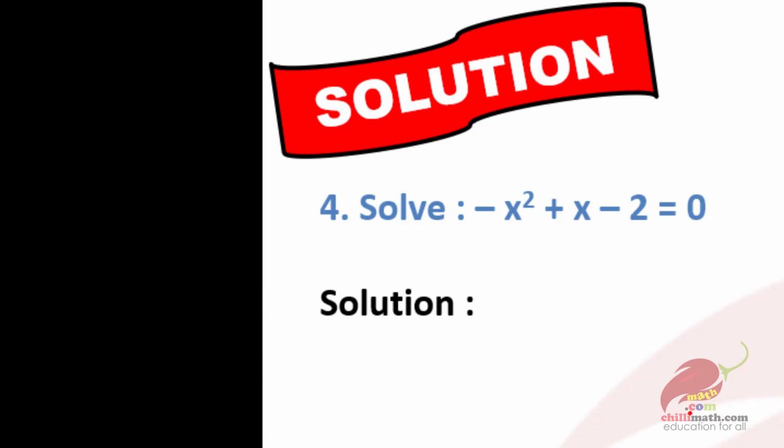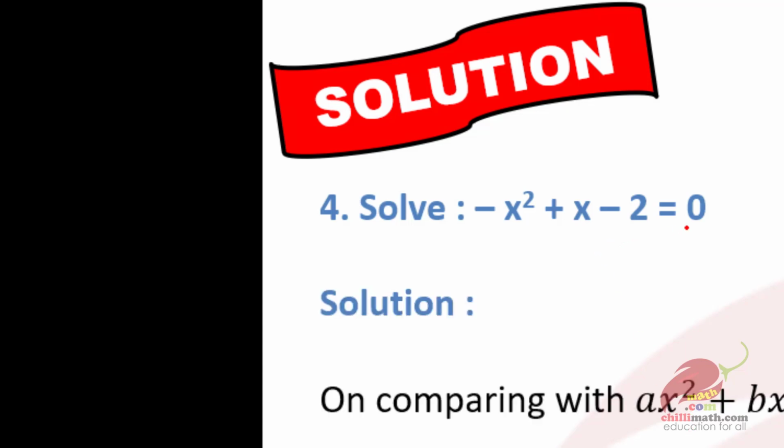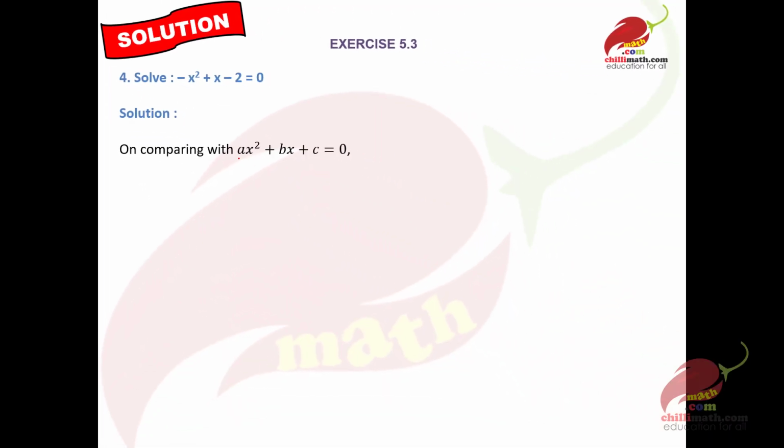Fourth question is solve minus x square plus x minus 2 equal to 0. On comparing with standard quadratic equation, a is equal to minus 1, b is equal to 1, c equal to minus 2.